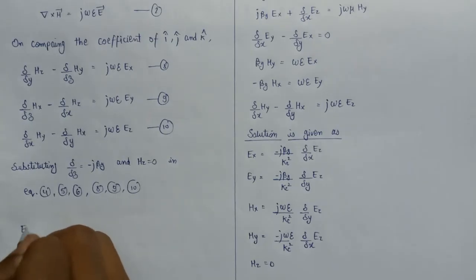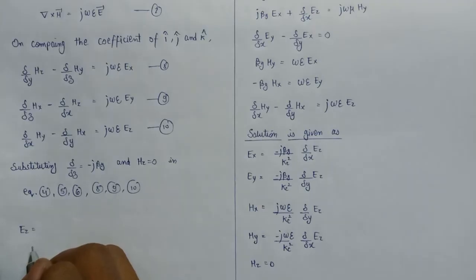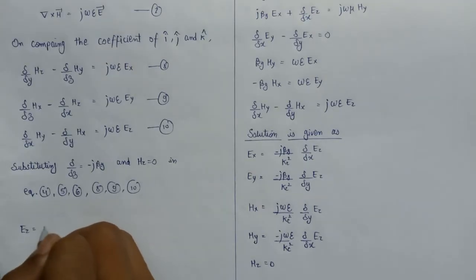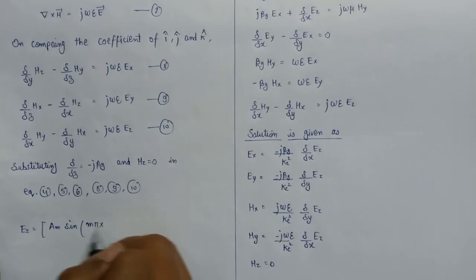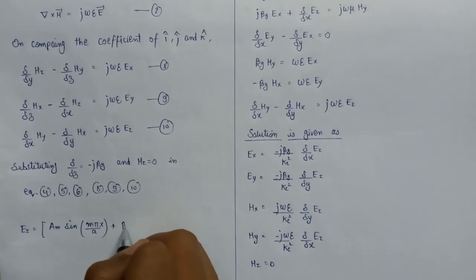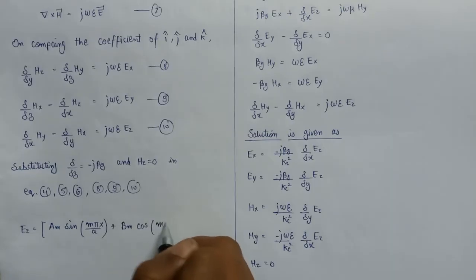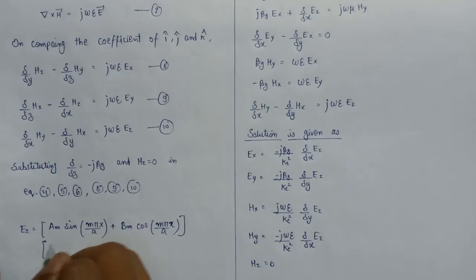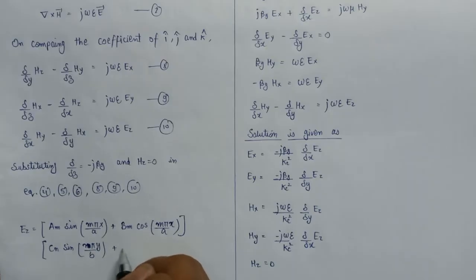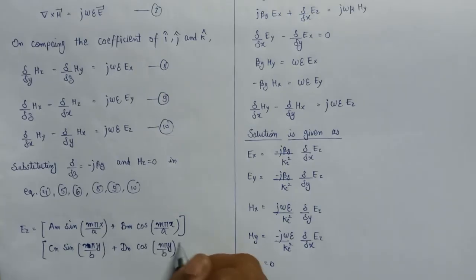So if we write down the value of Ez, it is nothing but the expression that we evaluated earlier, which is equals to (Am sin m pi x over a plus Bm cos m pi x over a) into (Cn sin n pi y over b plus Dn cos n pi y over b) e to the power minus j beta g z.